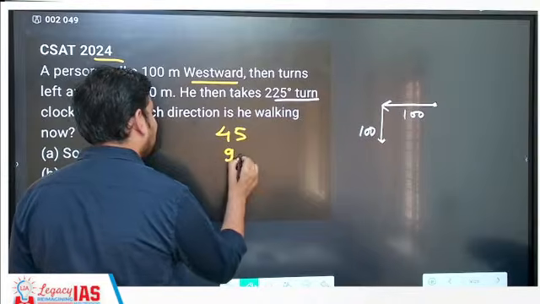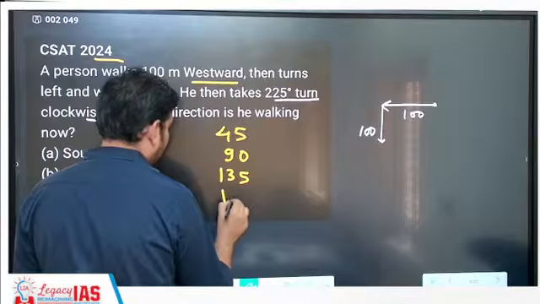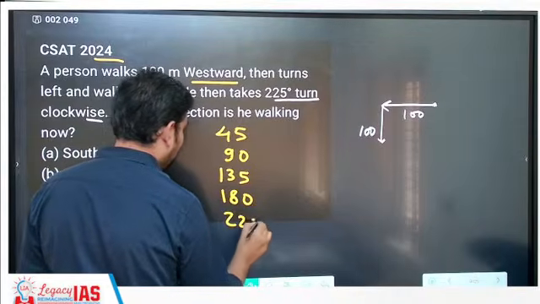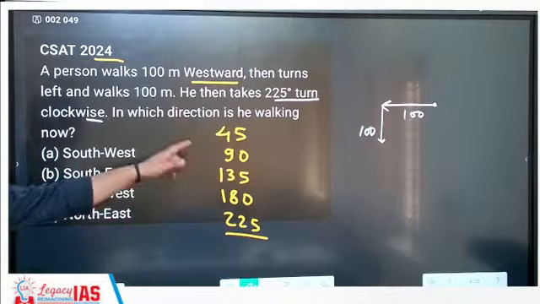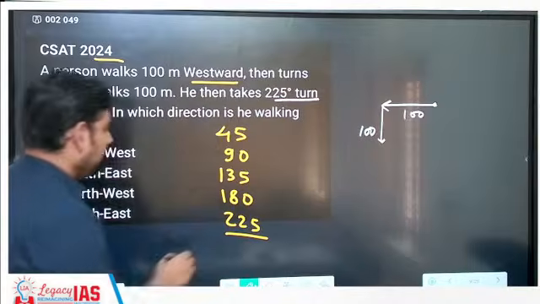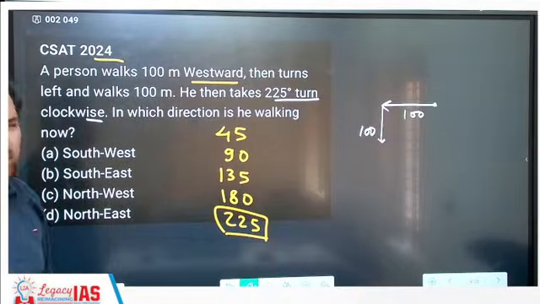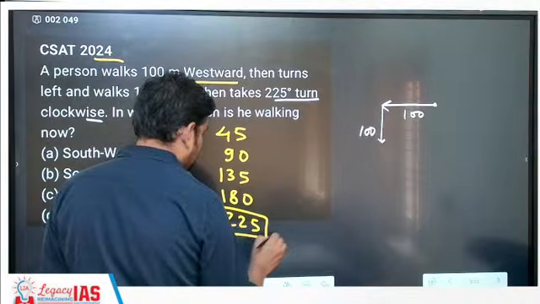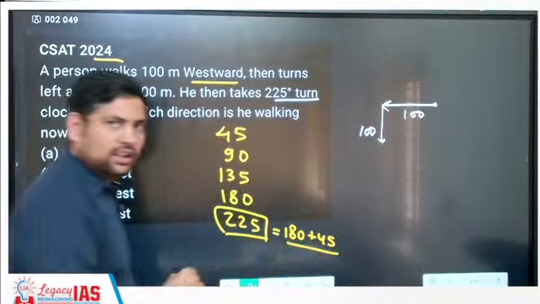You remember the table: 45, 90, 135, then 180. Next is 225. It is in the table of 45. Isn't 225 just equal to 180 plus 45? You can feel this.